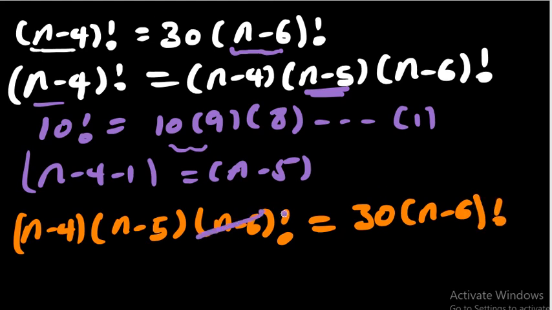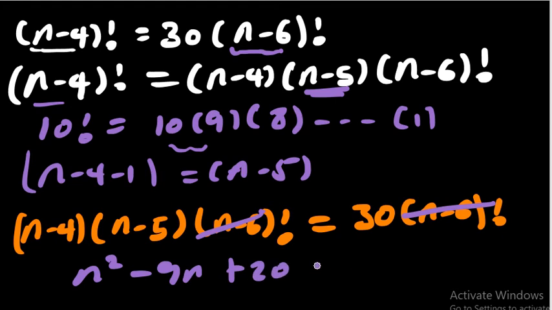Here (n minus 6) factorial cancels out, and multiplying the remaining terms gives a quadratic: n squared minus 9n plus 20. The right hand side is just the constant 30. Now we can collect terms to form a quadratic equation: 20 minus 30 is negative 10. Then it's a complete quadratic, and it will be easier to solve. Okay, let's do it.